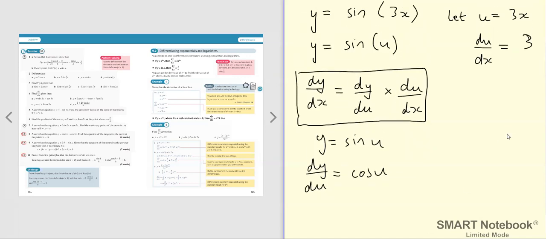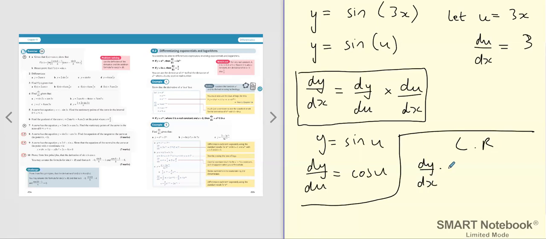So now I've got dy by du, I've got du by dx. Now I can use the chain rule. So here is my chain rule: dy by dx equals dy over du, which was cos u, times du over dx, which was 3. So I get 3 cos u, which is then going to become 3 cos 3x.